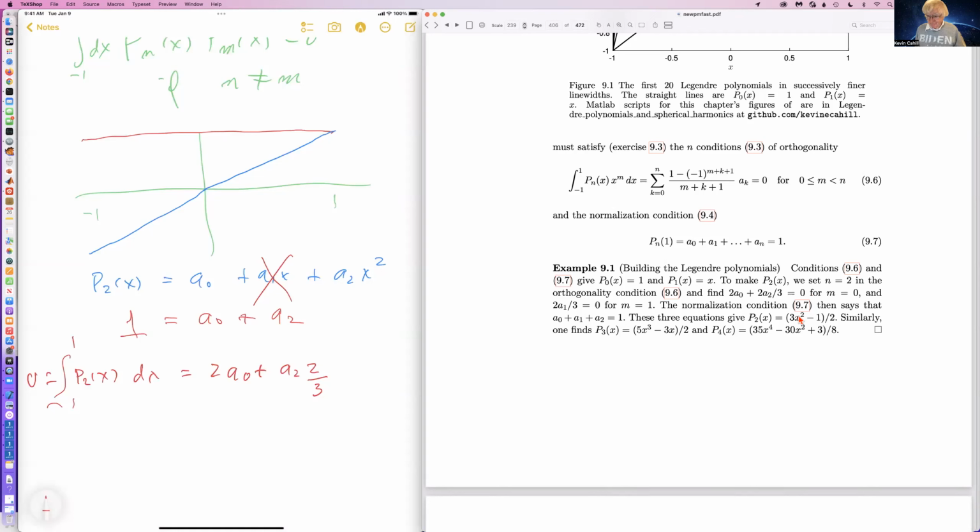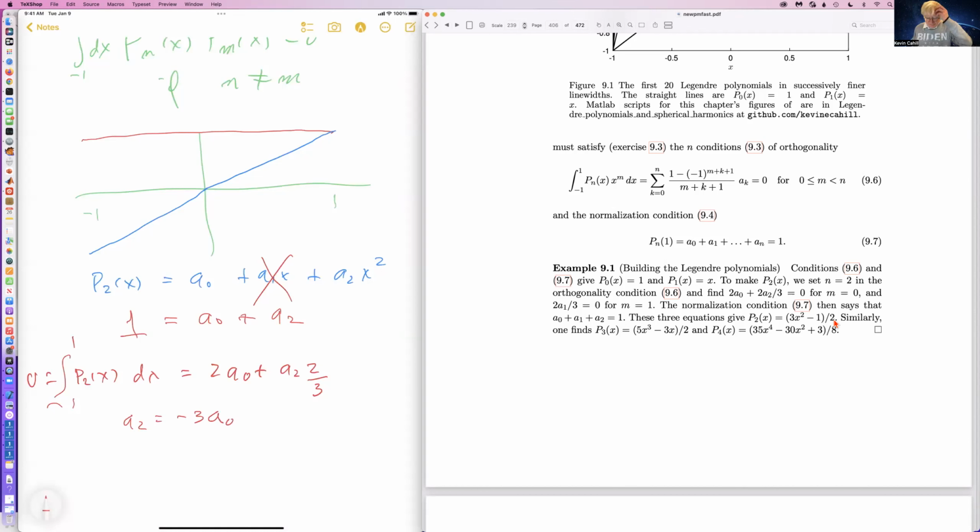And so that gives us that P2 is 3x squared minus 1 over 2. In other words, this says that A2 is equal to minus 3 times A0.